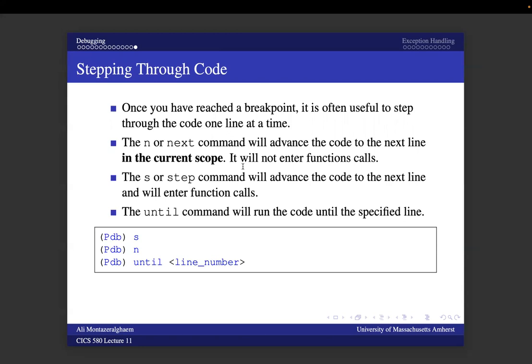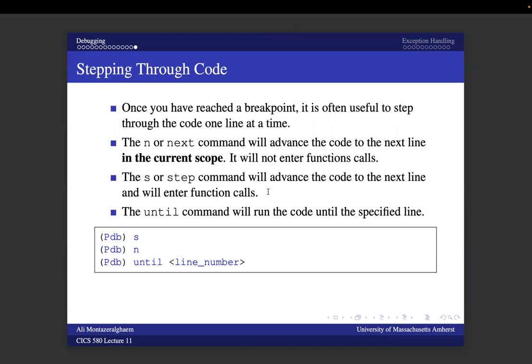And step can also do the same thing, but the difference between step and next is that next will not enter function calls, but step will enter function calls. For example, you have a line of code like y is equal to a square root function, passing some inputs to that.